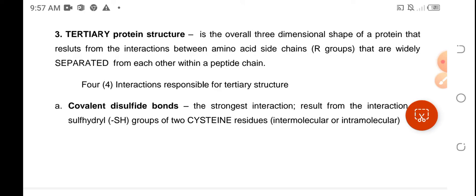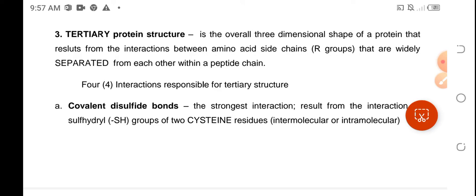For secondary naman, the folding and coiling, the alpha helix and the beta pleated sheet happens because of the hydrogen bonding between the hydrogen in the amino group and the oxygen in the carbonyl group of two different amino acid within the protein itself.